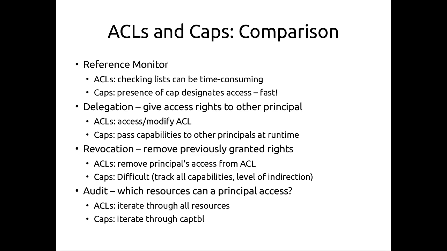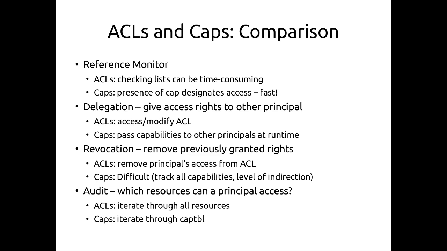Okay, so let's compare the trade-offs between these 2 different mechanisms for providing access control within the system. For the reference monitor to implement these 2 different things, ACLs and capabilities, for ACLs, it can be relatively time-consuming to check lists whereby many different principals can access a resource.